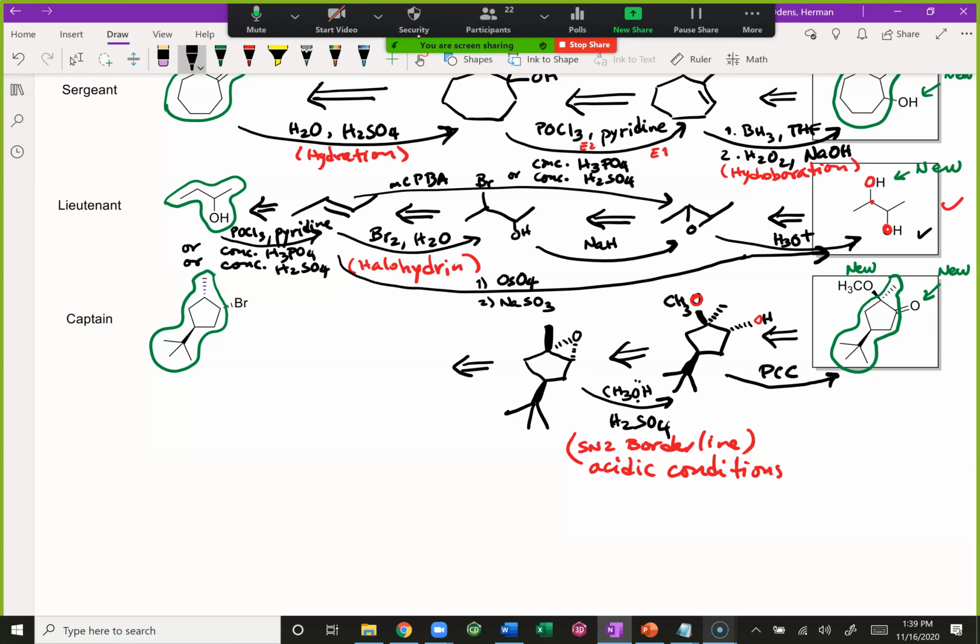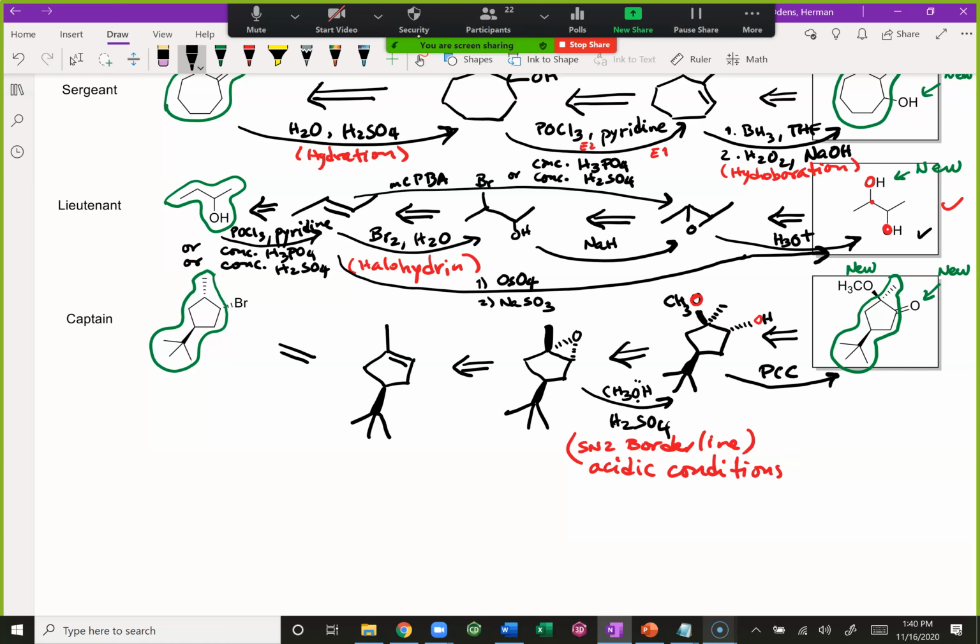So from here to here, I envision an alkene, right? An alkene is the precursor molecule for an MCPBA epoxidation. Notice that we lose the chirality there, but it's okay. We gain it back here because that isopropyl group has chirality.